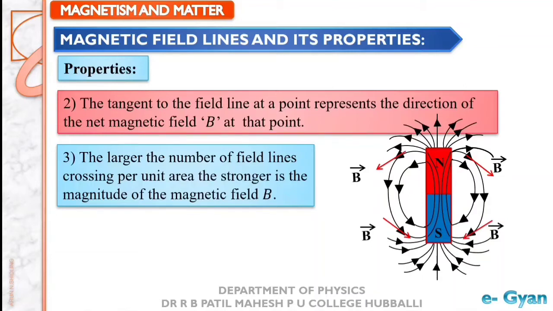So if I assume two circles covering equal areas, we can observe that in this area there are more field lines passing through it compared to this one. So I can clearly say that magnetic field strength is more here compared to this region.